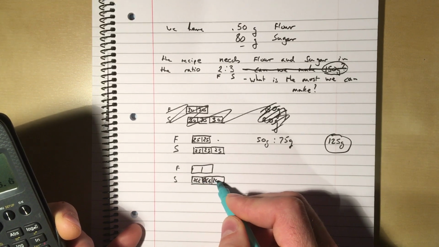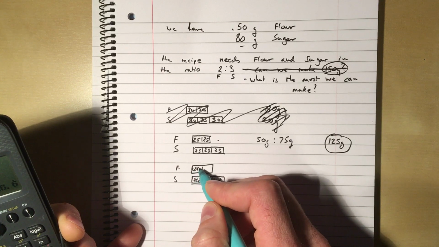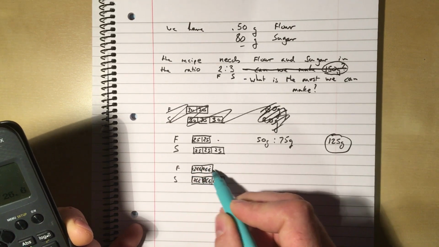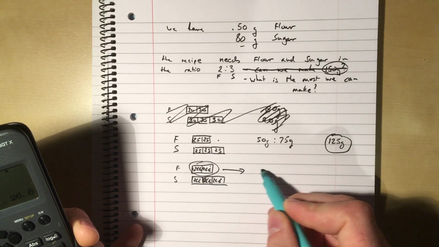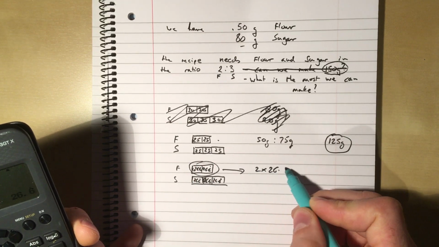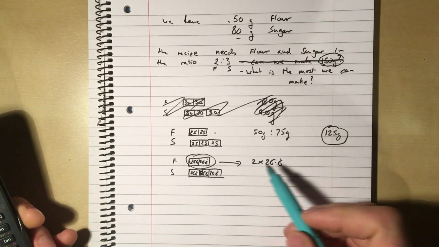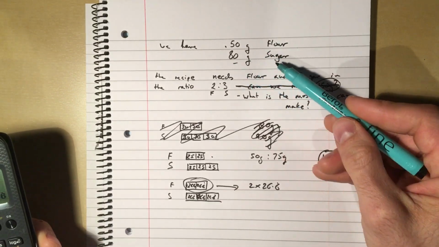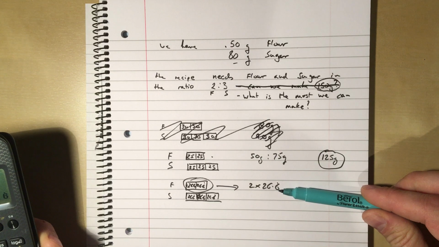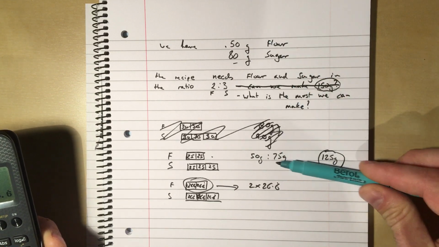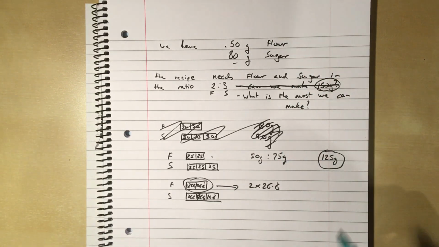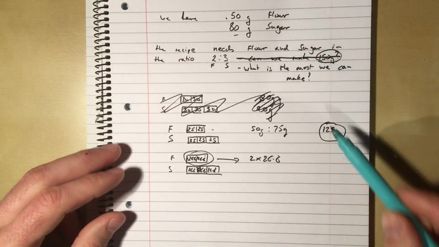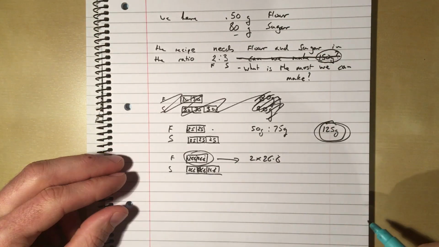So that would mean, how much flour do we need? Well, I need 2 lots of 26.6 recurring. Well, that is more than 50 grams of flour, isn't it? So if I use up all the sugar, I don't have enough flour. If I use up all the flour, I've got enough sugar and I've got a little bit of sugar left over. Okay? So what's the most we can make? Well, the most we can make would use up all the flour, not all the sugar, so 125 grams.